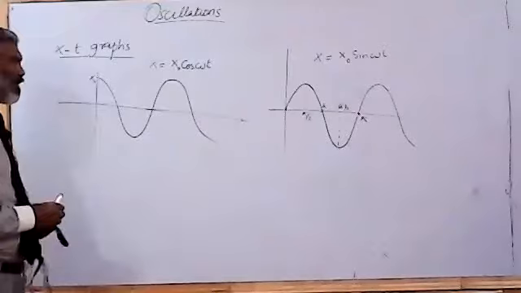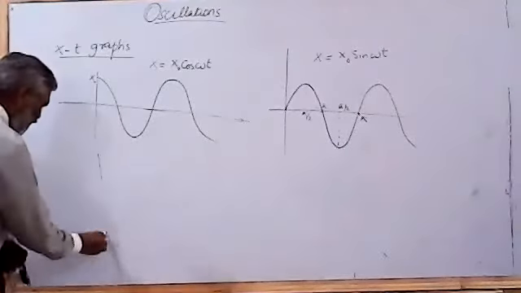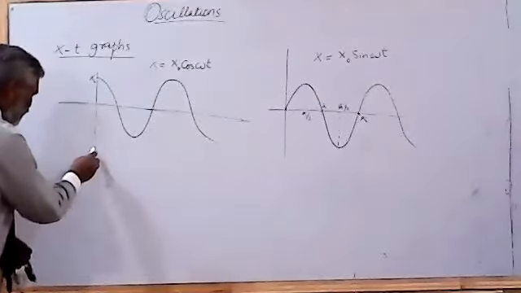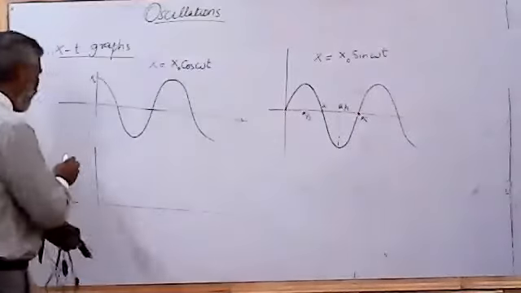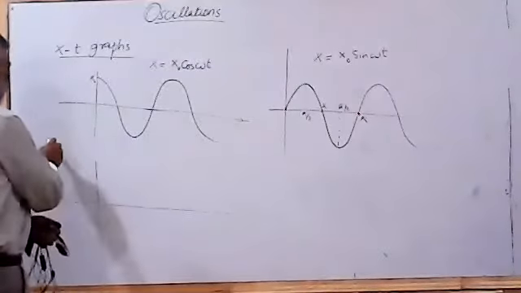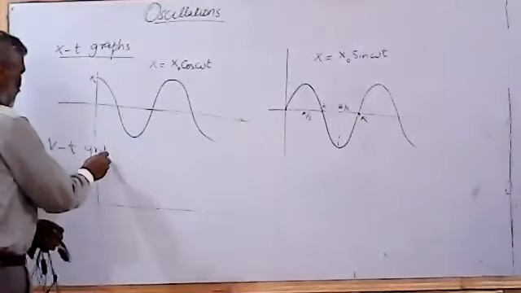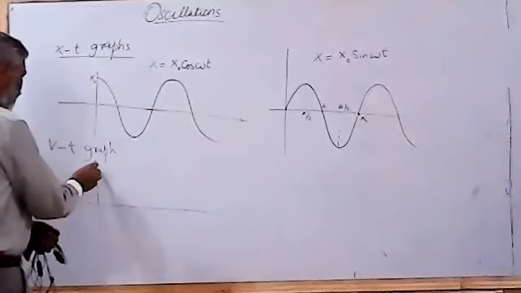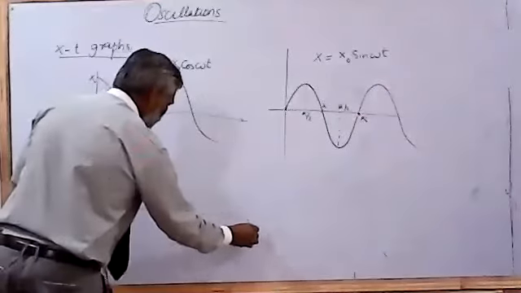We need to understand what is the relationship of velocity at various positions during the oscillation. So the VT graph, that means we have V on this axis and t along this axis.